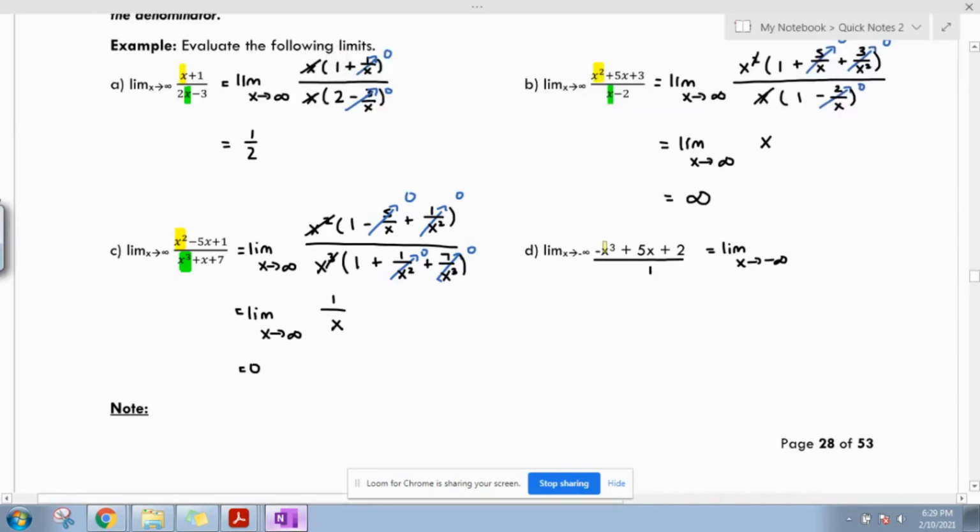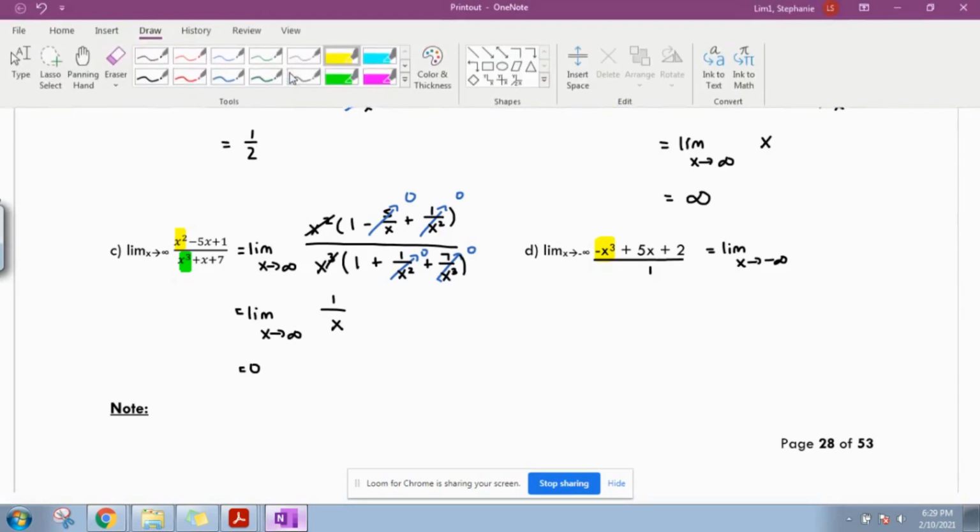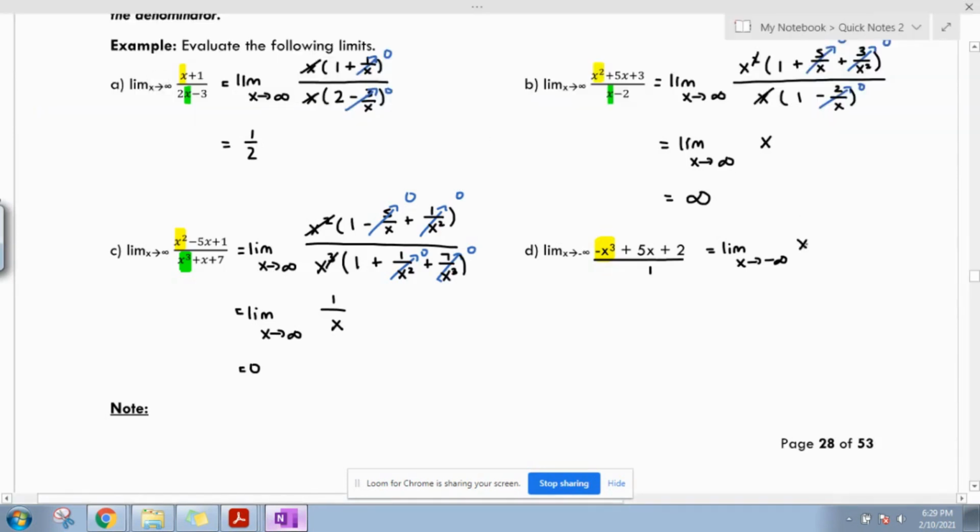We are going to look at my numerator, and I'm going to factor out the highest power of x. In this particular case, I'm going to factor out x cubed. So if I do that, I'm going to be left with x cubed, and then I'm going to be left with negative 1 plus 5 over x squared plus 2 over x cubed. Now in my denominator, you can't factor anything out, so that's just going to stay as 1.